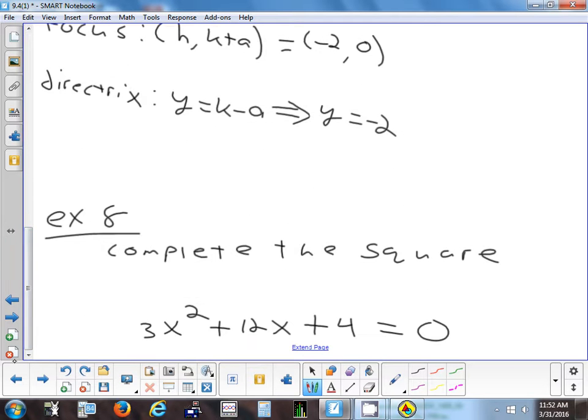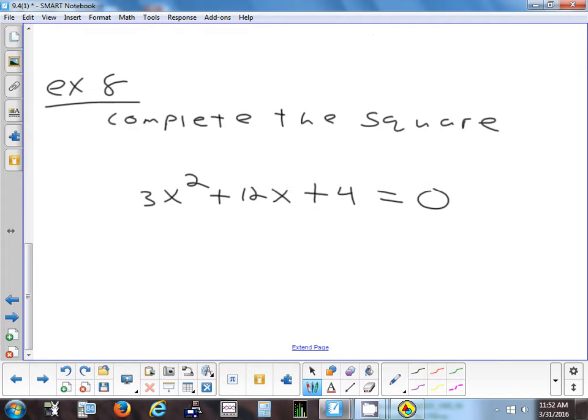And that's just practice. Does anyone need practice just completing the square, not doing a parabola problem? This is one where you would factor out. Well, maybe let's just do it. What do you do first here? Even before that, move the 4. If you factor out a 3, what are you left with?